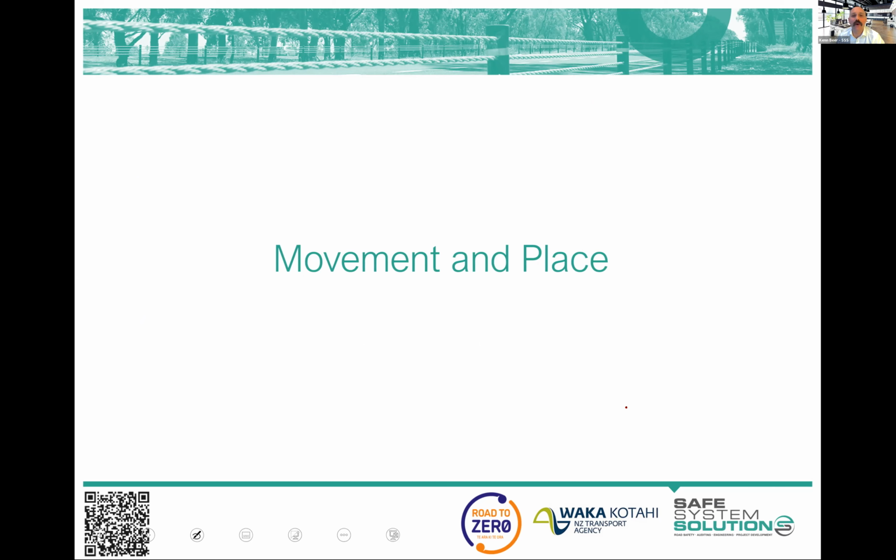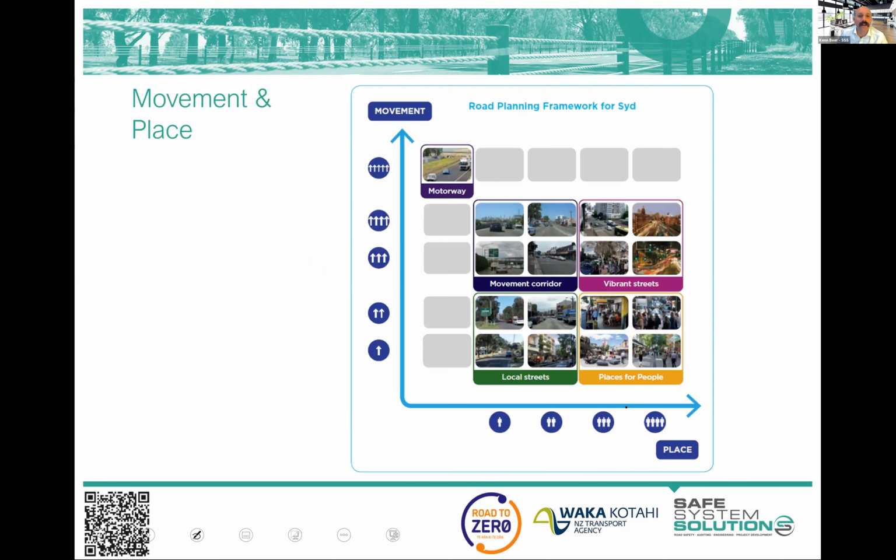But it's basically your methodology for categorizing bits of road into their function, accounting that they can be movement corridors, or that they could be places, or they could be a combination of both a movement corridor and a place, an area for trade, interaction, vibrancy, and those sorts of things.